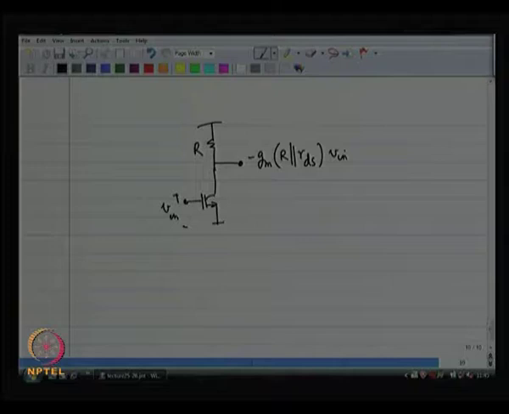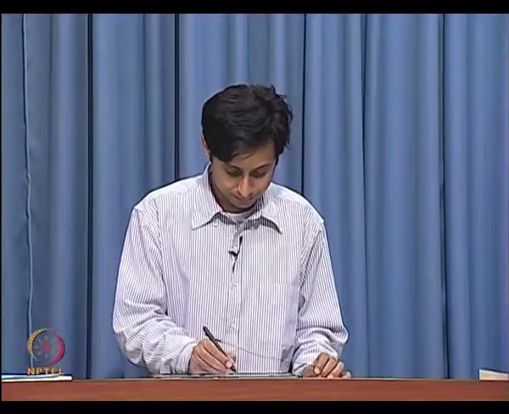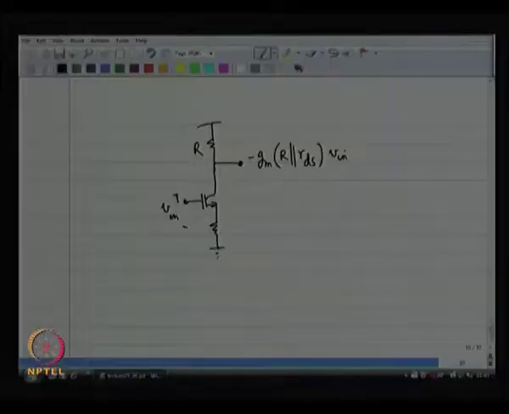How do you linearize such a circuit? How would you linearize such a circuit? You introduce source degeneration, right. You put a load over here, and as soon as you do that, VGS, you can think of VGS as a small quantity, and the gain is no longer going to be controlled by gm.